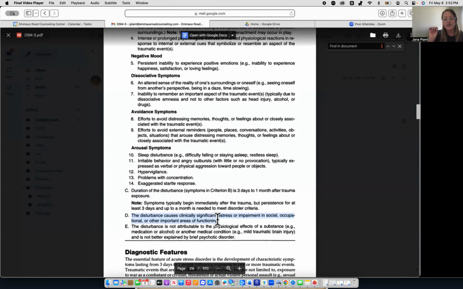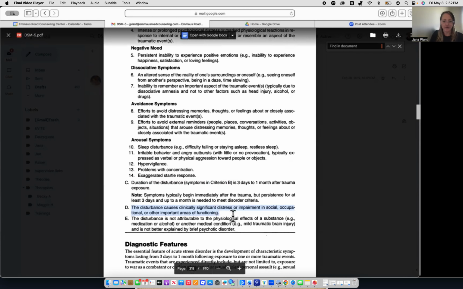Look at how the symptoms significantly impair their social, occupational, and other areas of functioning. If you're reading a case study and we're not seeing clinical impairments, then what they're experiencing could just be a normal reaction. Where it becomes diagnosable is the impairments in functioning.